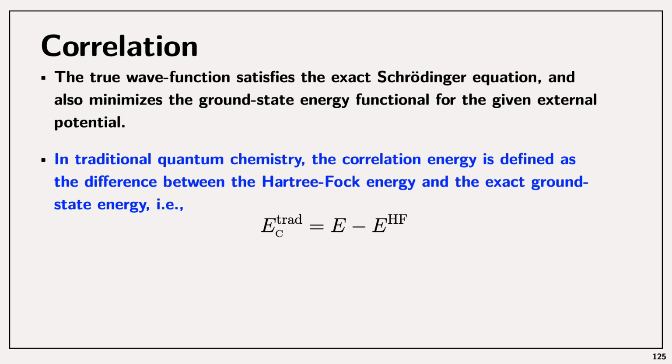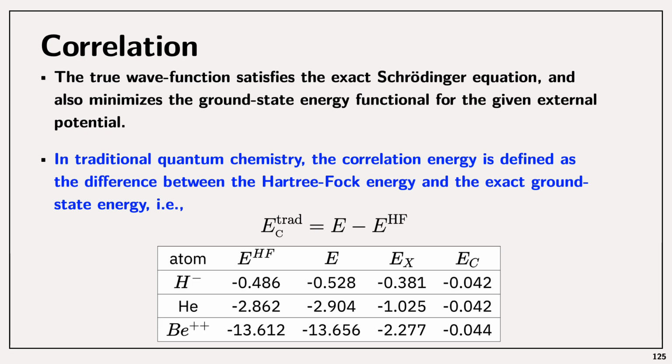So the correlation energy is indeed what I just told you a minute ago, the difference between the exact solution and the one you calculate. That's it. That's that simple. Now you can calculate the correlation energy, and I'm just giving you some examples of hydrogen, helium, and beryllium.